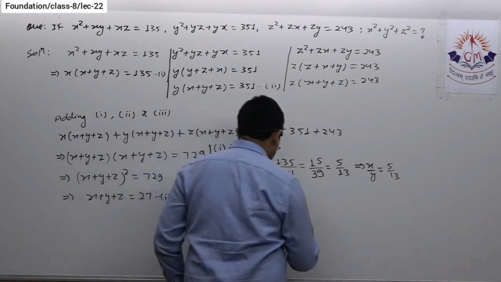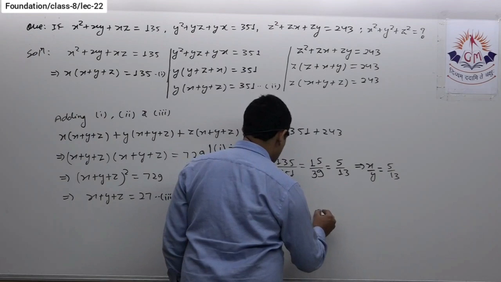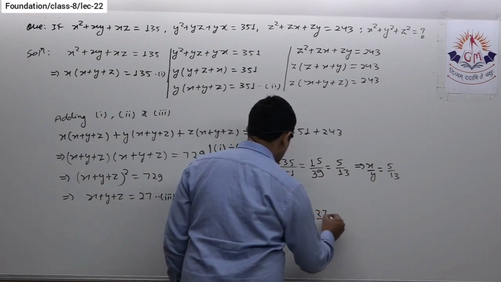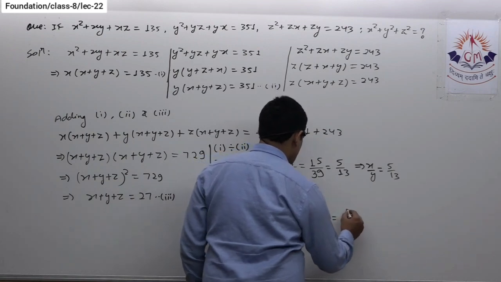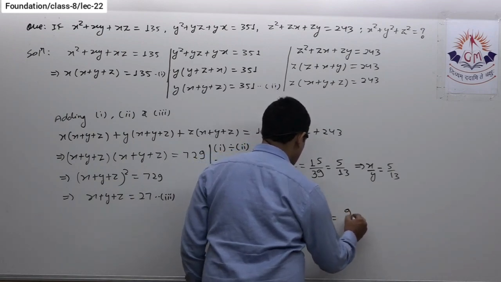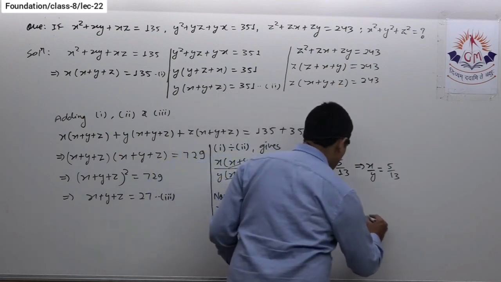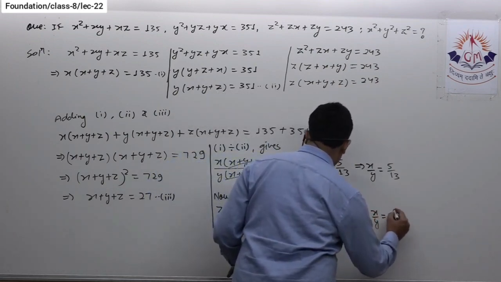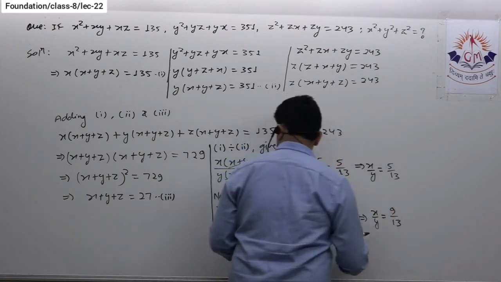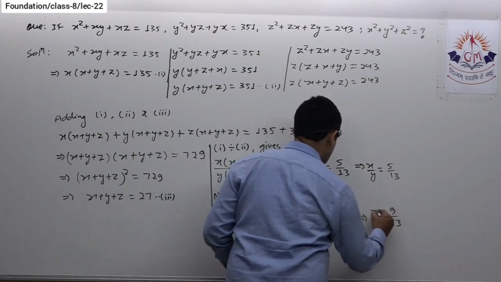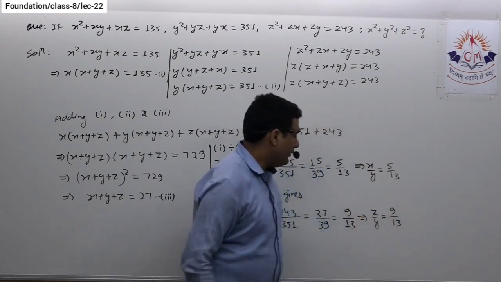So when I divide it by 9, this is going to give me x upon y is equal to 9 upon 13. So here, sorry, not x upon y, actually z upon y. So x upon y is this and z upon y is this.